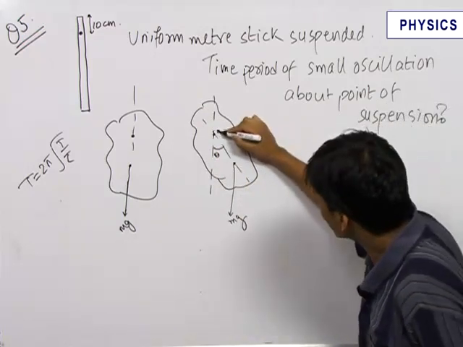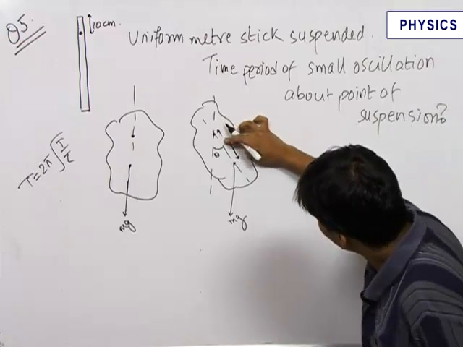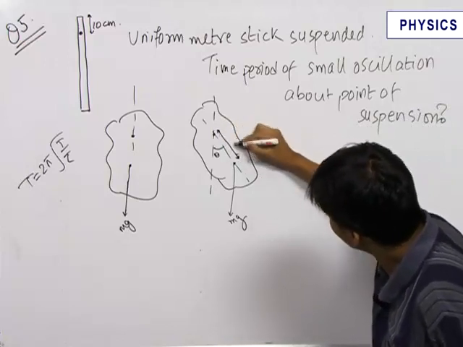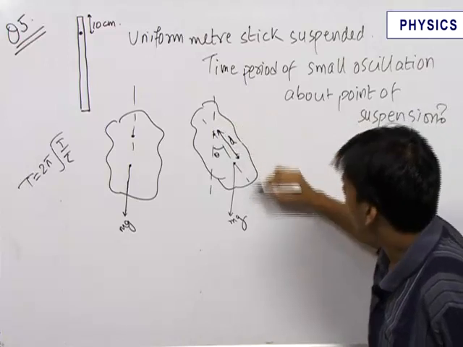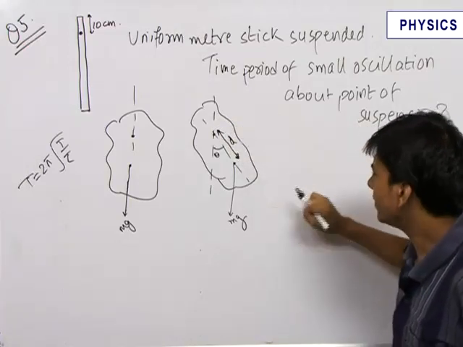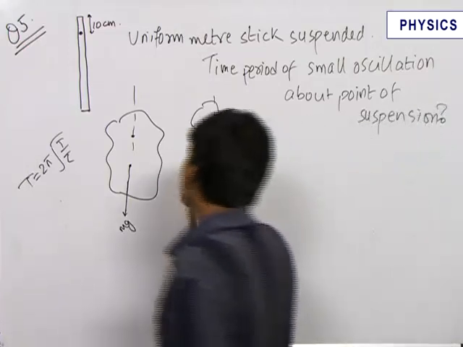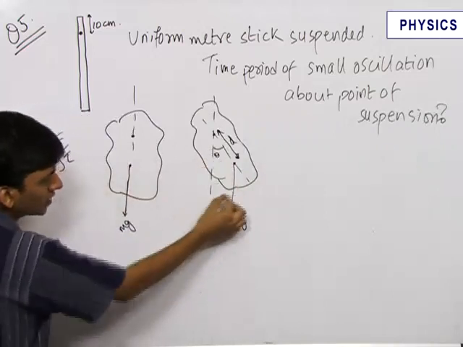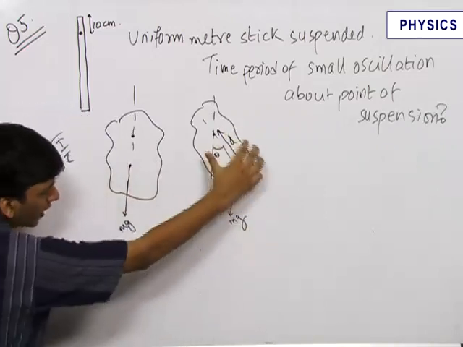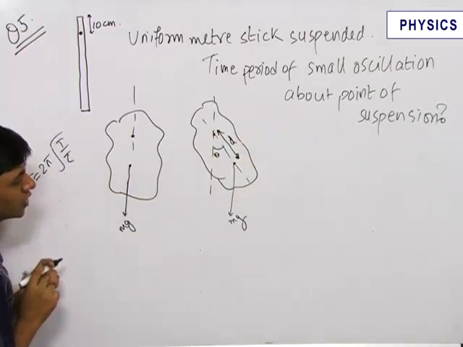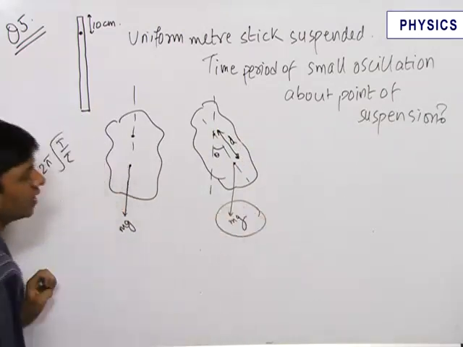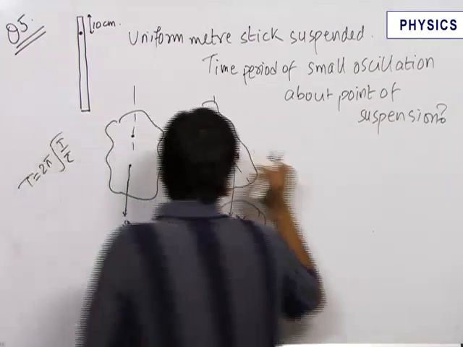Now let this distance be d. Now we see that there is definitely a restoring torque, because this mg tries to rotate the object back towards the equilibrium position. So the torque due to mg is the restoring torque about this axis.